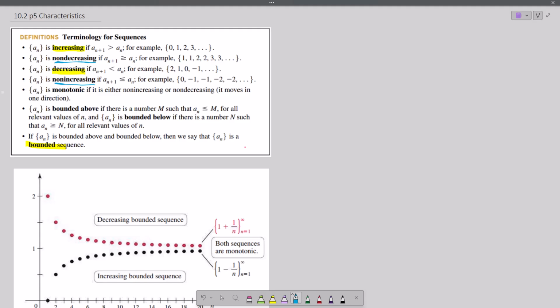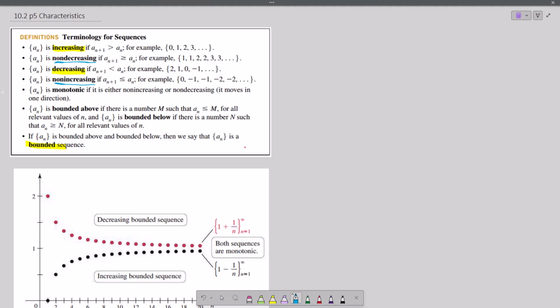And if they're oscillating, obviously there's something else going on. So if a sequence is non-increasing or non-decreasing, in your mind, it's totally fine to replace those with decreasing and increasing. If you have a decreasing or increasing function, we call that monotonic.